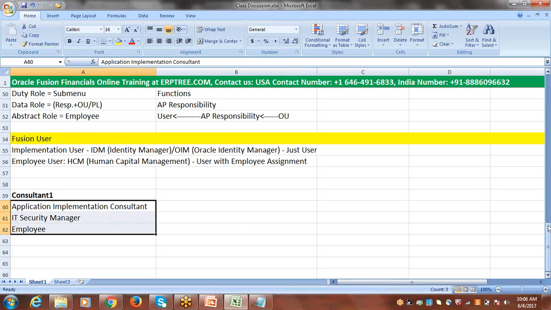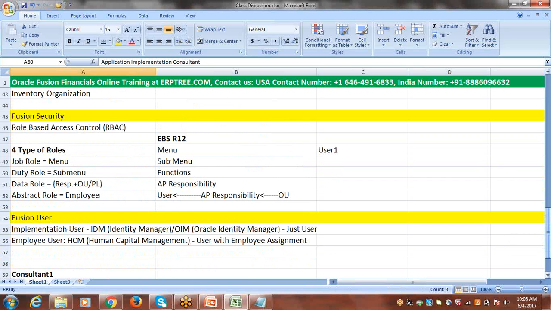So here, as we discussed, if you have a responsibility without any mapping, that is equal to which role as per Fusion? No, you have just a responsibility, and within that you have a menu only. That you can compare with a job role. Job role is equal to menu only.